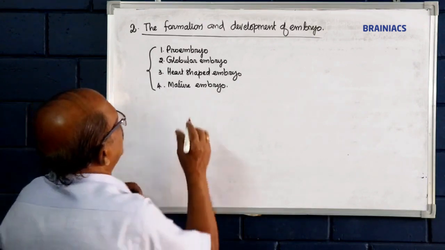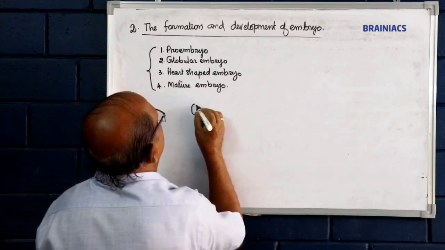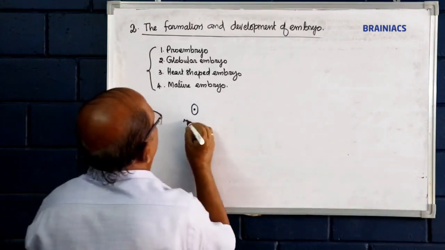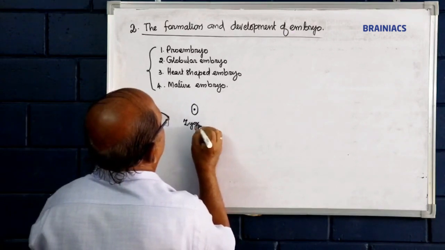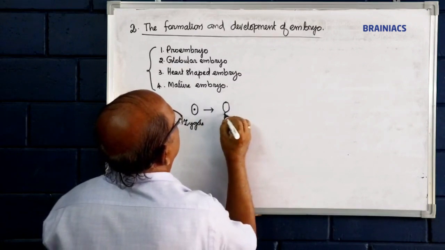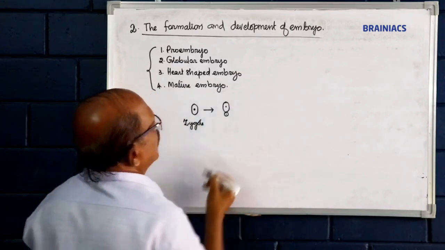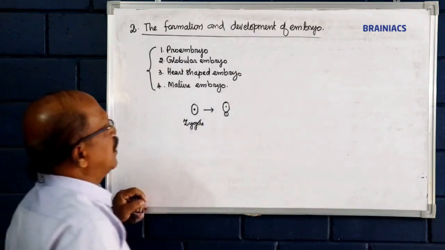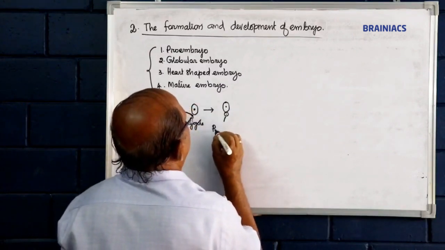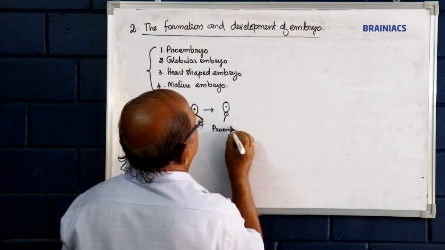See, this is the zygote. It produces two cells by the mitotic division. This is proembryo.